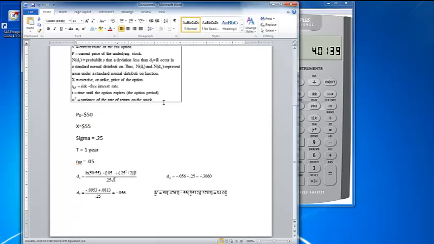For the second example, we're going to value an in-the-money option, which means that the exercise price is less than the stock price, and we're going to also choose a time that's less than 1 year.